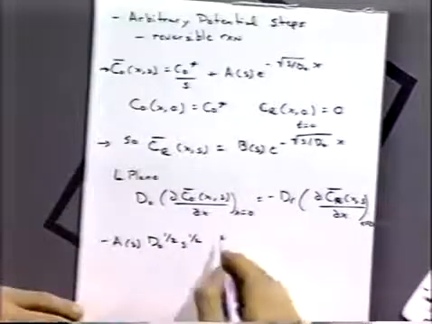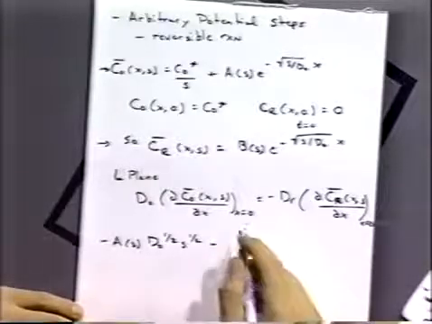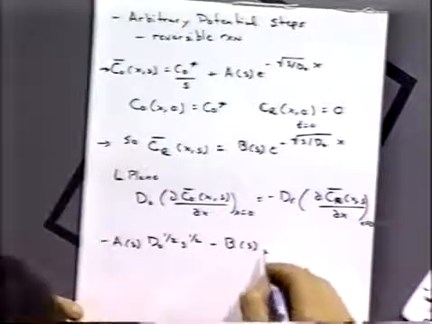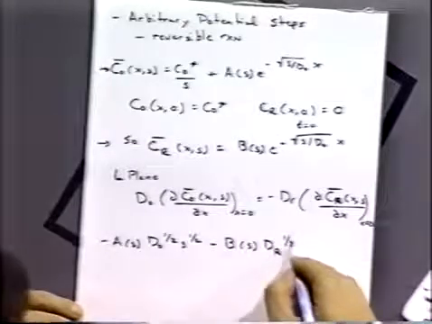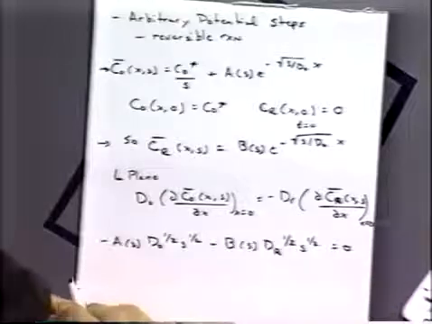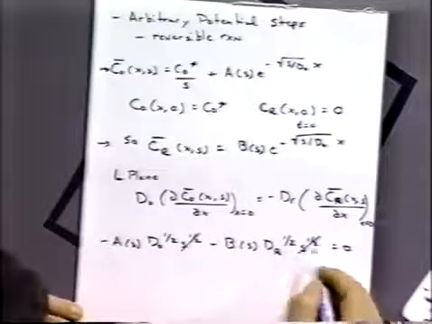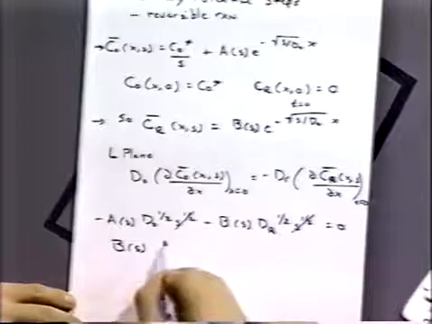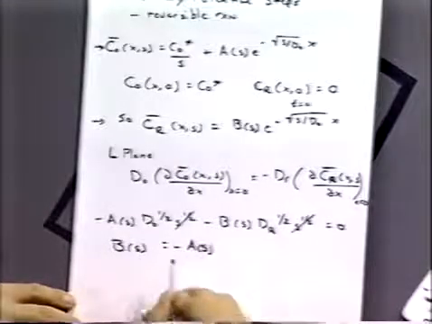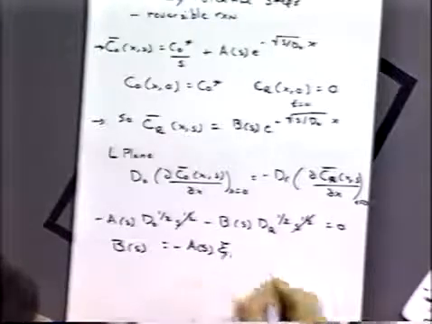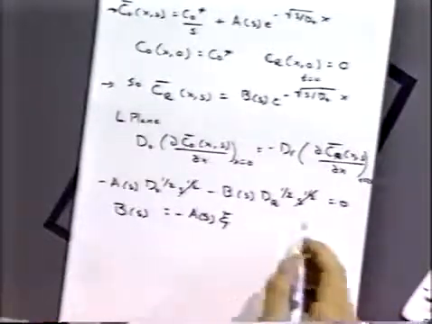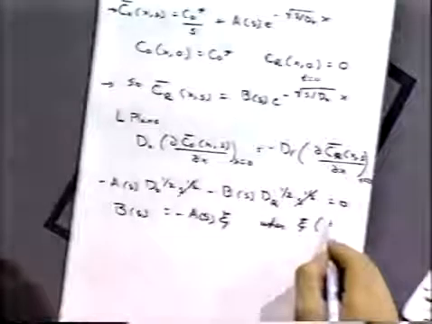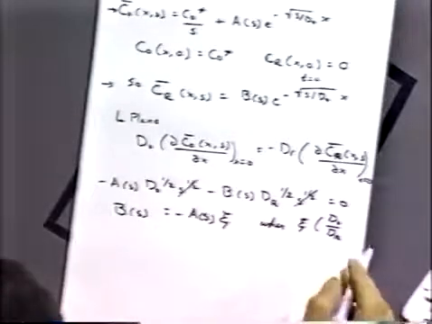That's something we've seen before, and then on the other half, that's due to the species R, the Laplace variable s^(1/2) cancels out under these conditions, and we get B of s equal to minus A of s times this symbol, I forget what they call that in Greek, which is just shorthand for the ratio D_O over D_R to the 1/2.